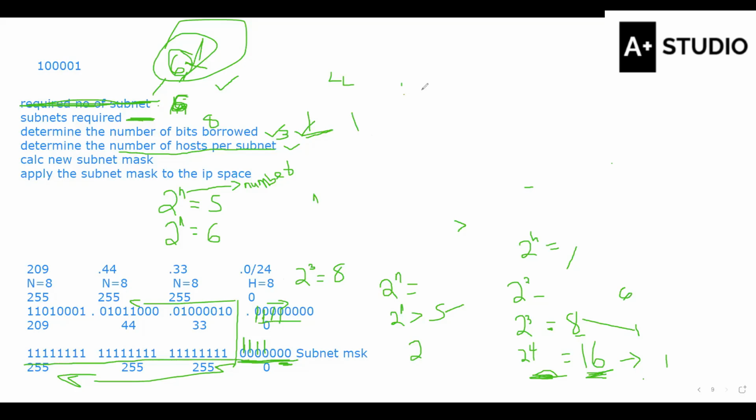These are the 8 bits, and then we borrowed 3 from here. So let's say here is 3, and the remaining is 5. These ones are for the network, and then this is for the host portion.